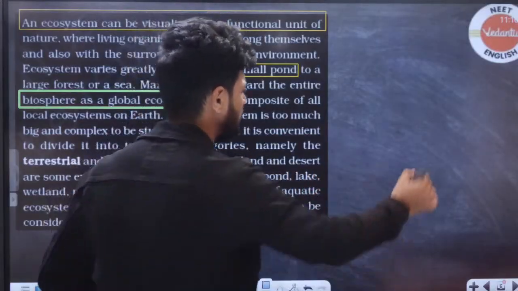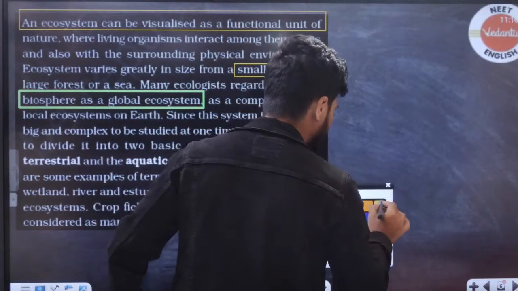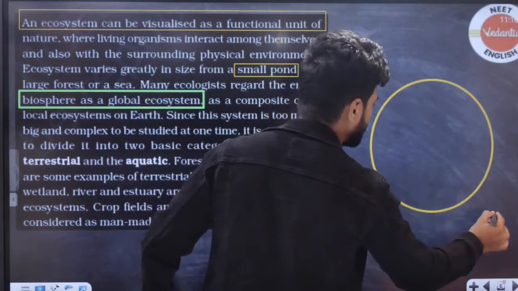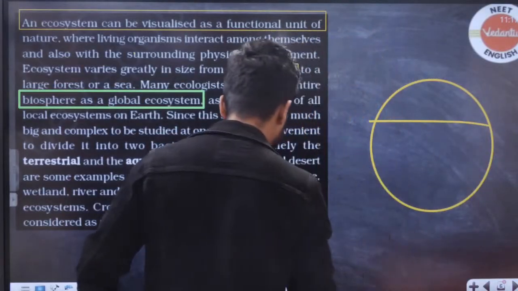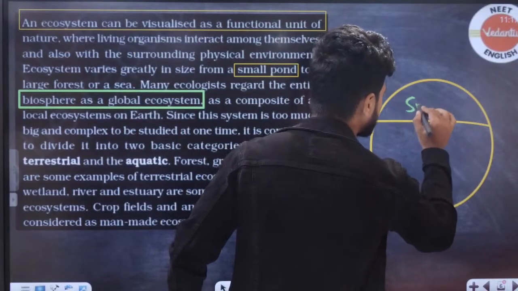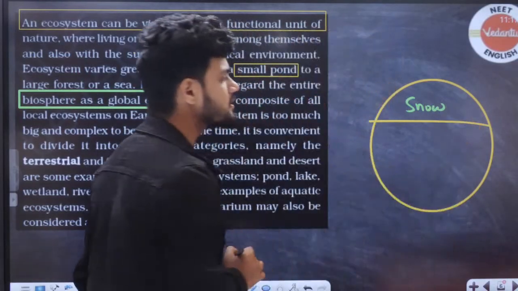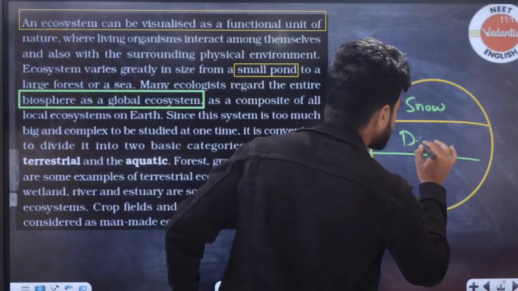For example, this is our Earth right here. On this Earth, we can find certain areas with snow, Arctic regions. We have certain desert regions.